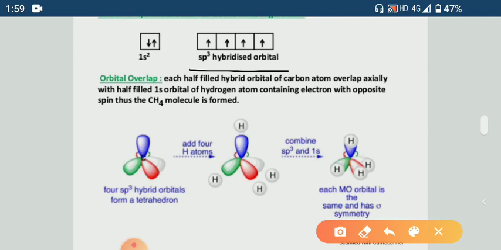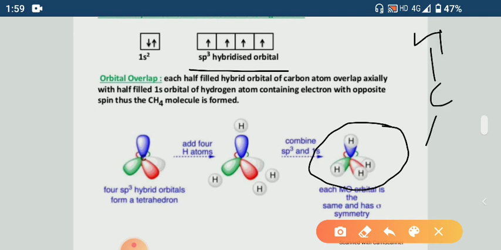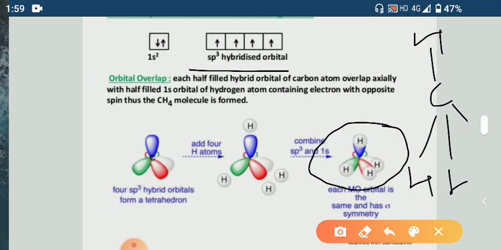So carbon forms four sigma bonds around it with four hydrogen atoms, and we get tetrahedral geometry. C, H, H, H, H.